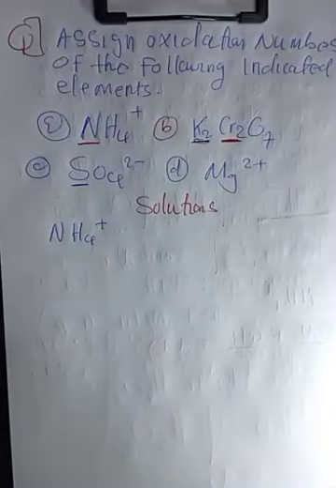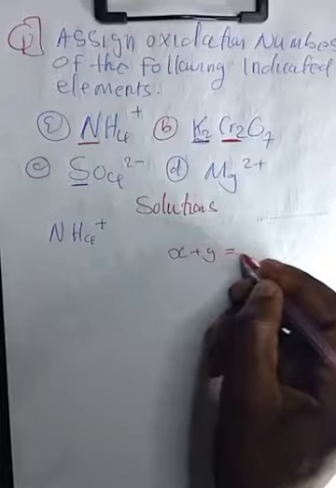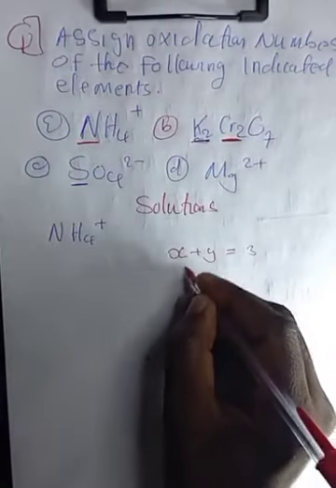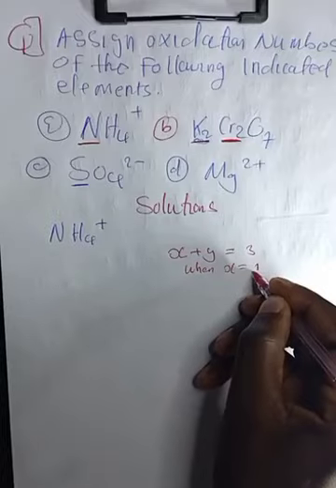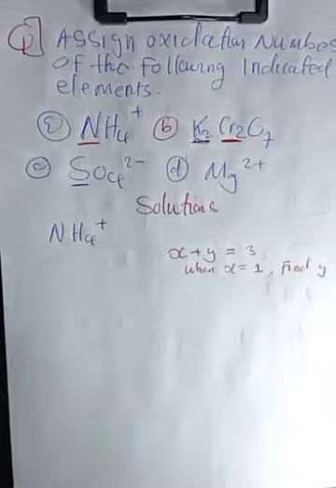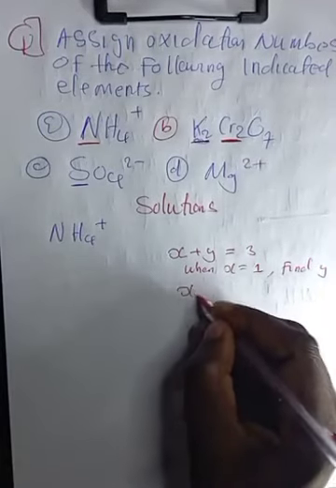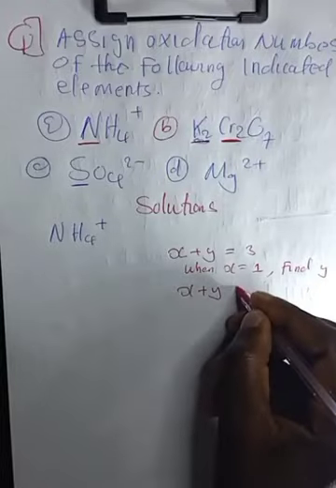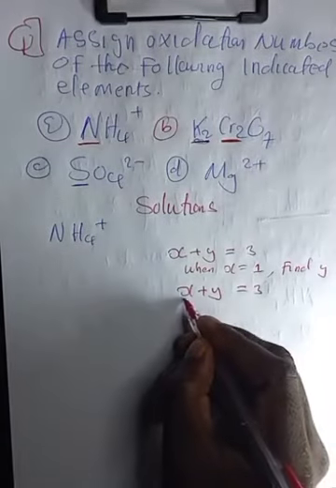For example, if I say x plus y is equal to 3, and x is 1, the question is to find y. This is simple math, right? I have x plus y, the answer is 3, but I know that my x is 1.